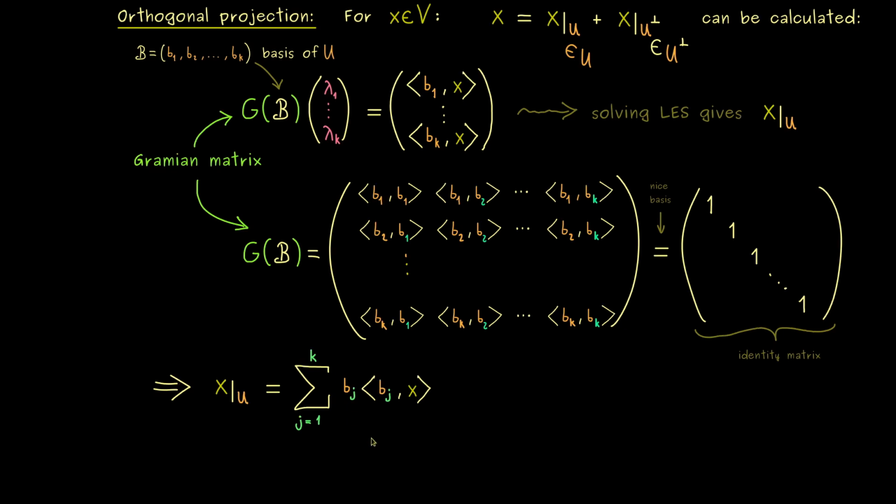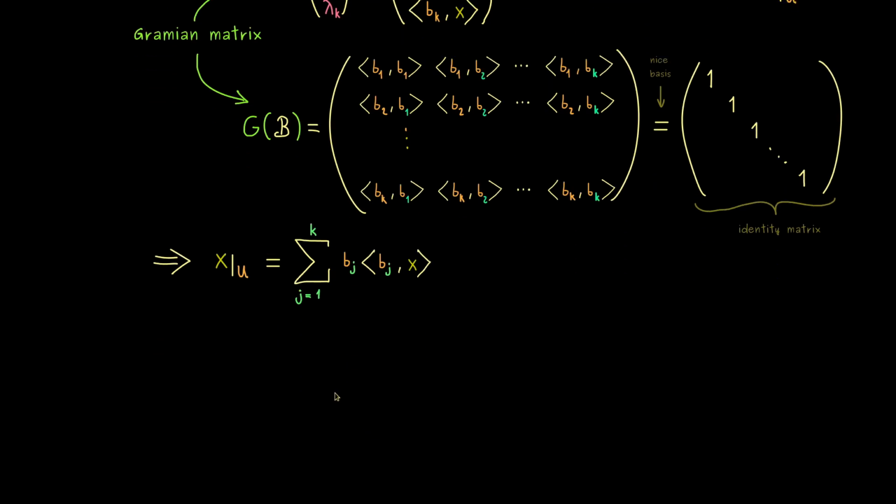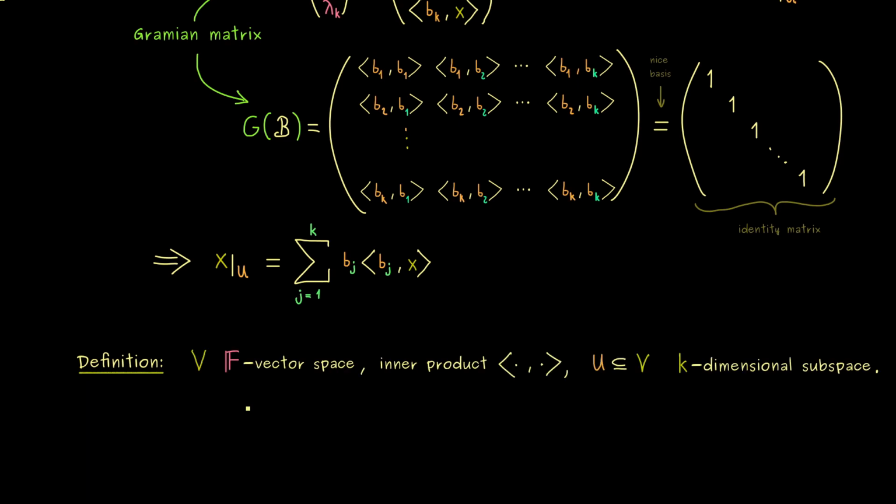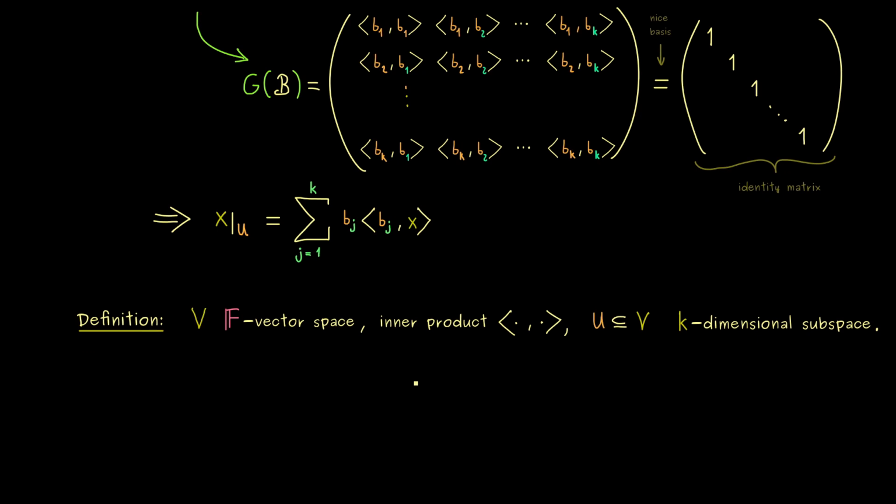Therefore, this will be the content of the next definition. It's a very general definition because we only need a vector space with an inner product. However, still, because we do linear algebra, I want to formulate everything for a finite dimensional subspace. One can generalize that for infinite dimensional subspaces, but this is a content for another video.